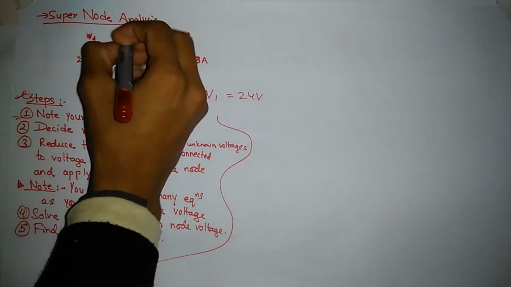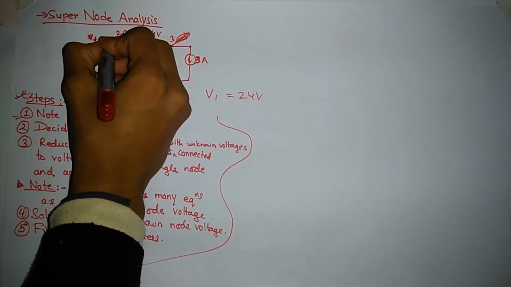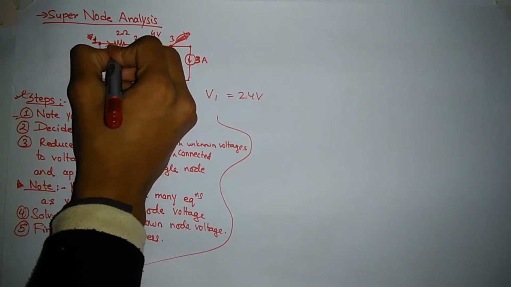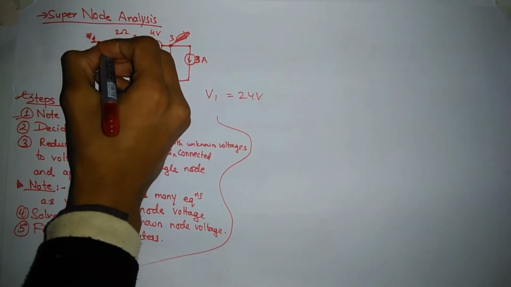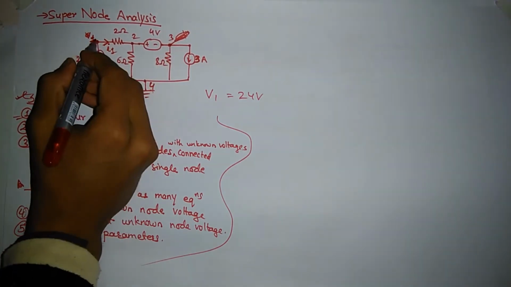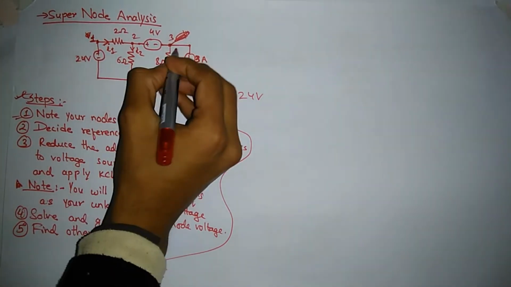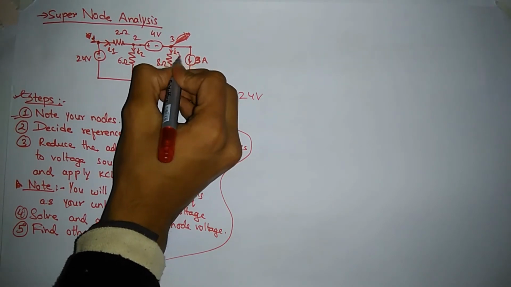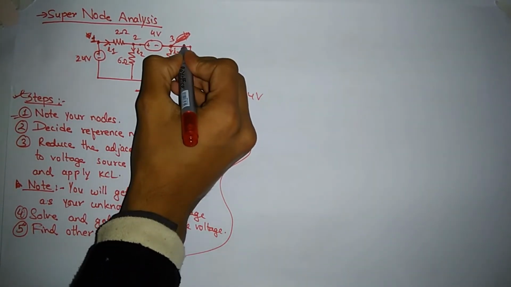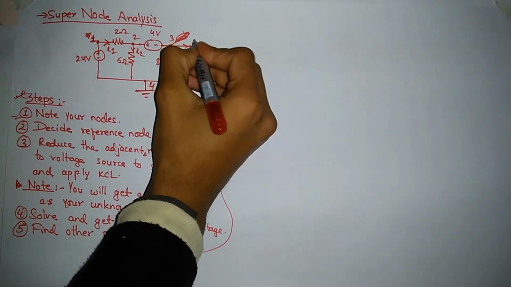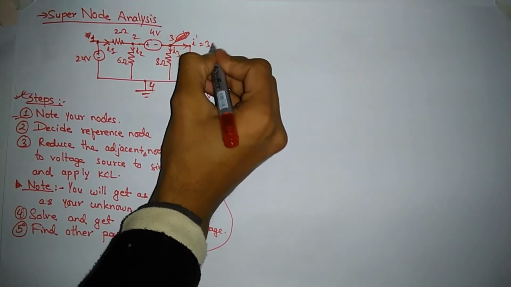While applying KCL, I have to give the direction of current. I will call it I1, and my direction will be from 1 to 2, I2 from 2 to 4, I3 from 3 to 4, and this I dash, that is I dash is equal to 3 ampere.